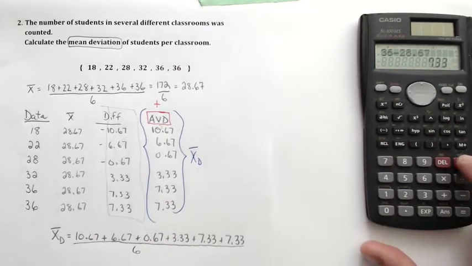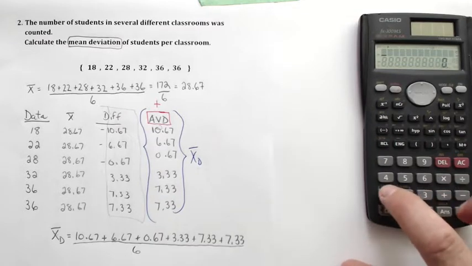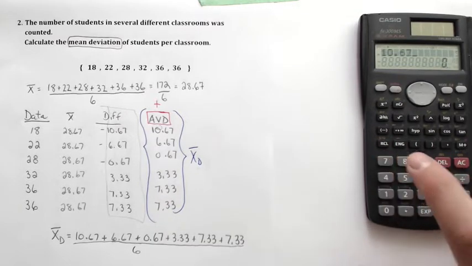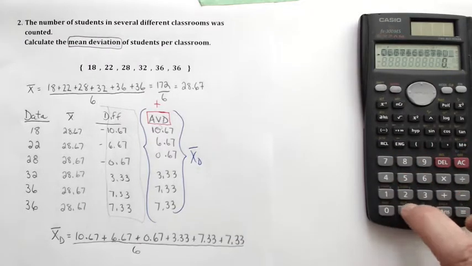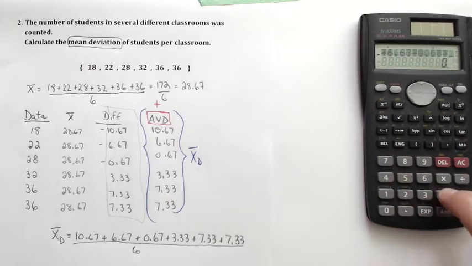So bear with me for a second. We'll come over to the calculator and we're going to go 10.67 and add that to 6.67 plus 0.67 plus 3.33 plus 7.33 plus 7.33. Please make sure that you do not hit divide yet, okay? Hit that equals.